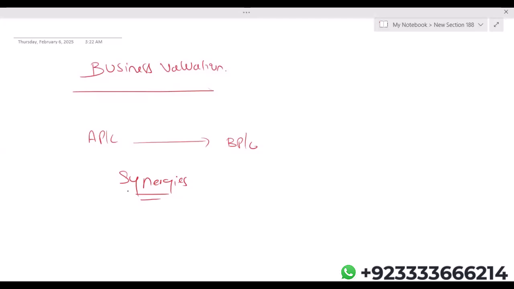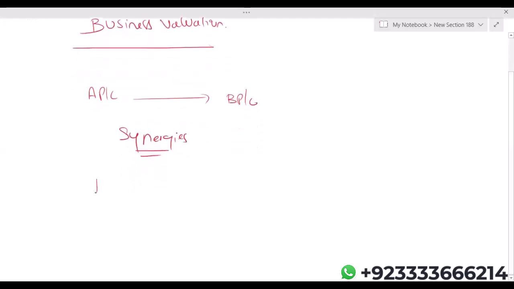Now, there are different types of synergistic benefit. One is revenue-based synergies. Revenue-based synergies means the combined revenue of the combined company will be more than the total of individual revenue of A and B. For example, if APLC revenue is 10 million and BPLC alone is generating 5, if I add them, I'll get 15.